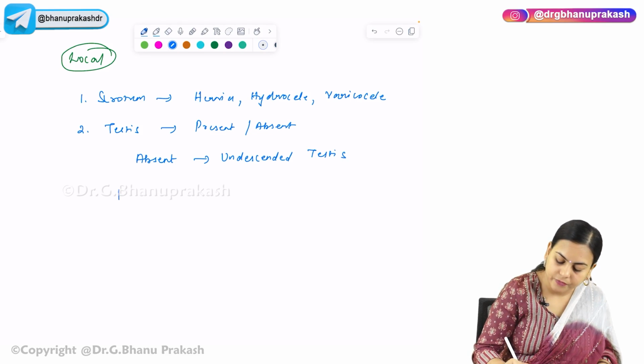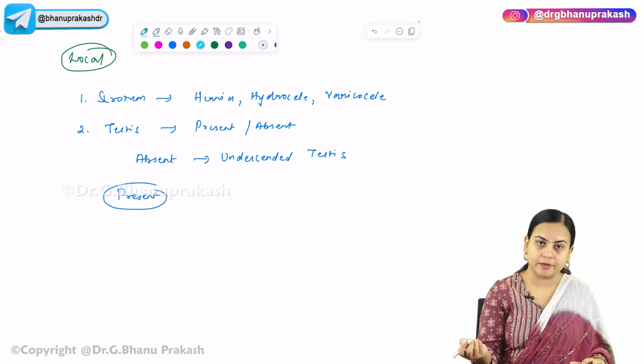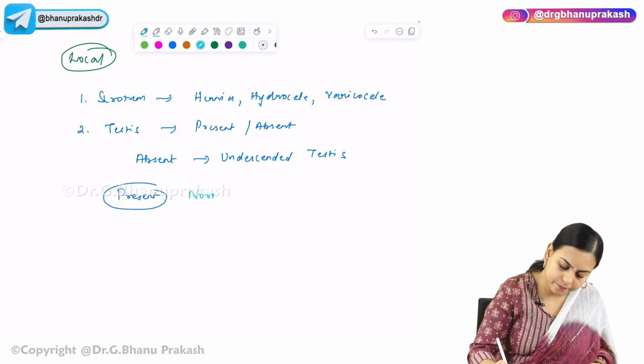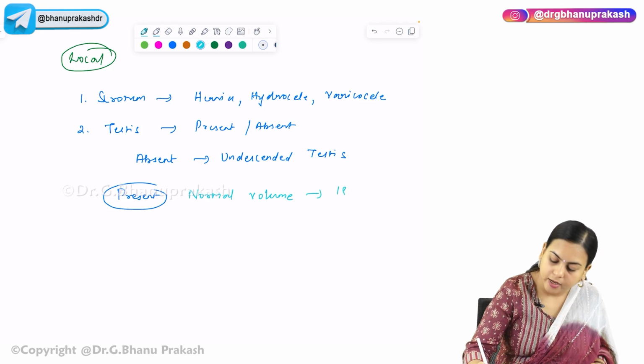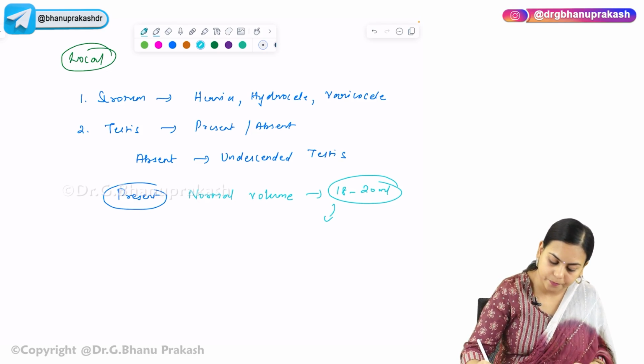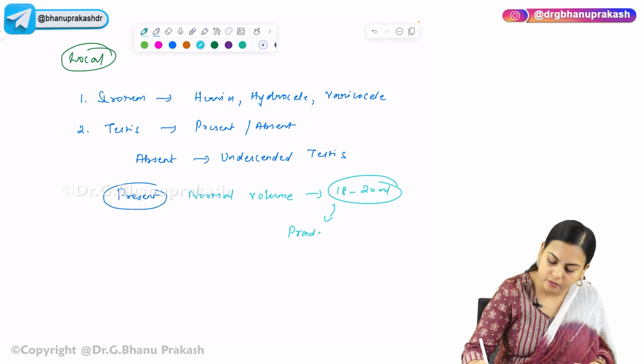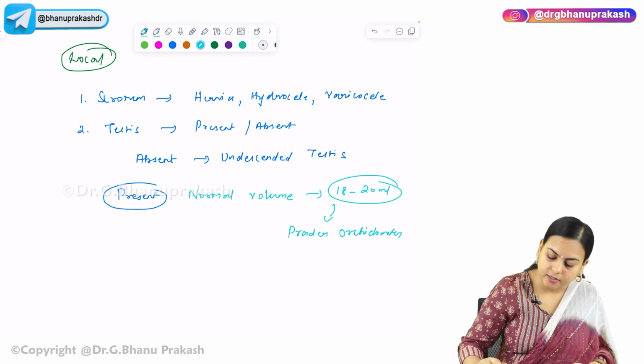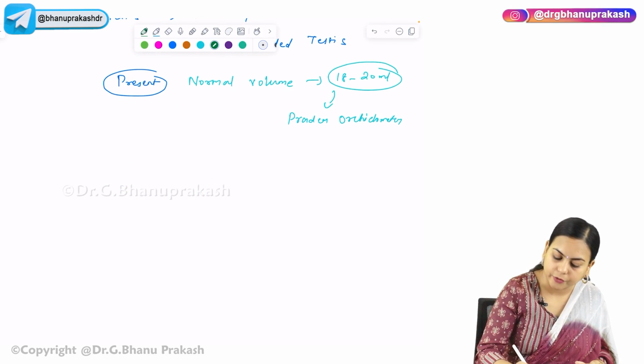Okay. When the testis is present, you have to know the normal parameters. Normally the volume would be around 18 to 20 milliliter, measured by a Prader orchidometer. Okay.